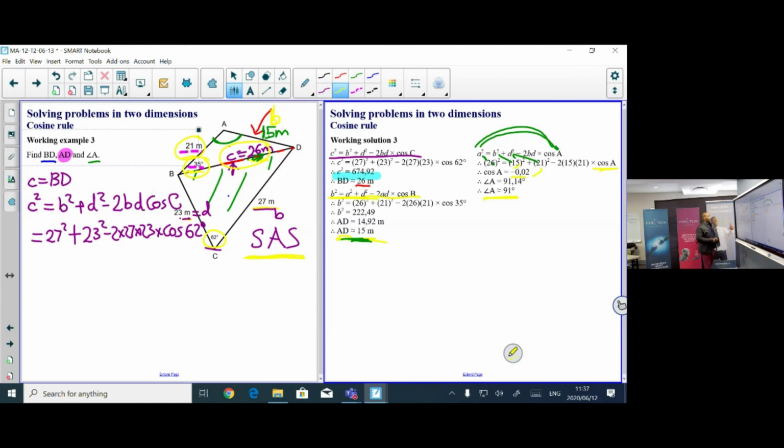So I hope that you're starting to get some indications of how to solve a question where the cosine rule is required. The first thing is to recognize that there is a side angle side situation. So the angle must be included between two given sides.